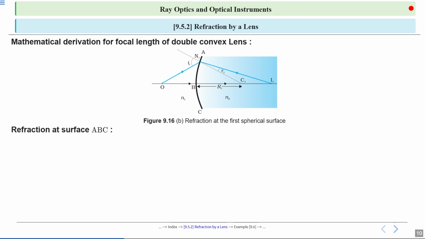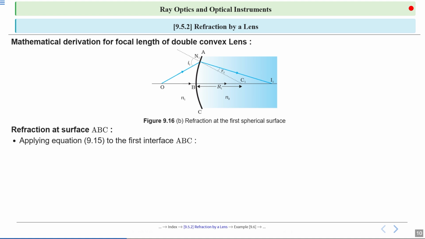Refraction at surface ABC, applying equation 9.15. What is equation 9.15? That is the equation from the derivation of refraction through a spherical surface, a topic we discussed yesterday.